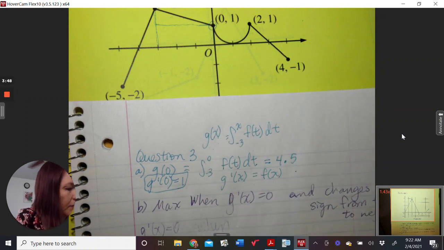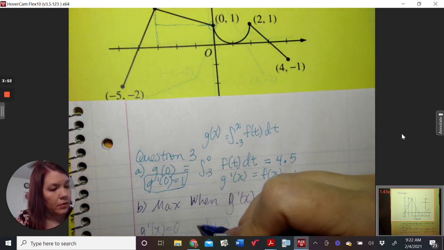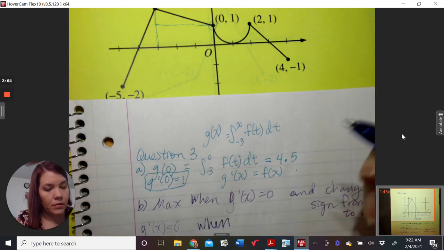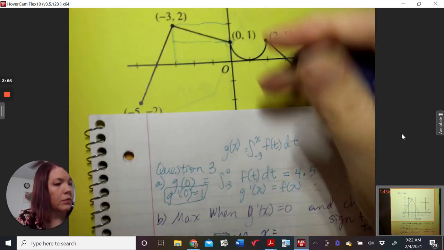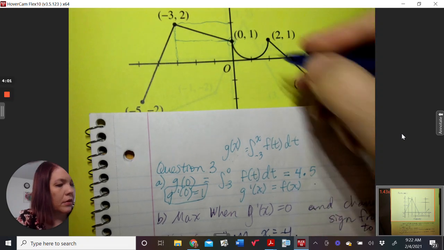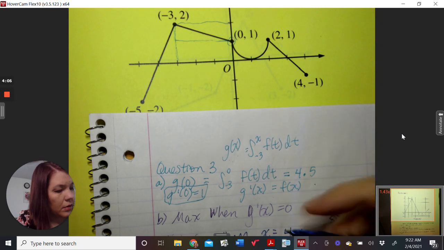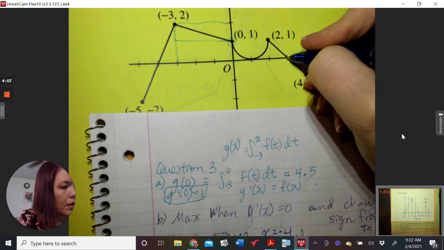And I'm using this pen. x equals -4, 1, and 3.